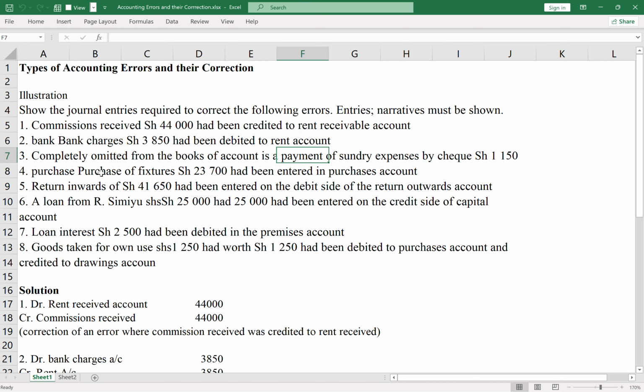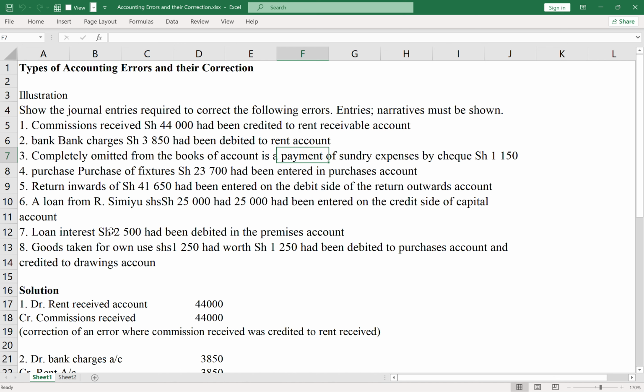Then you have purchase of fixtures 23,700 had been entered in the purchase account. Return inwards of 41,650 had been entered in the debit side of the return outward account. Then you have a loan from ASMU shilling 25,000 had been entered in the credit side of the capital account.